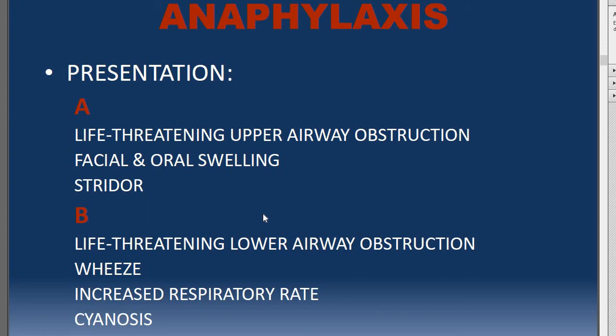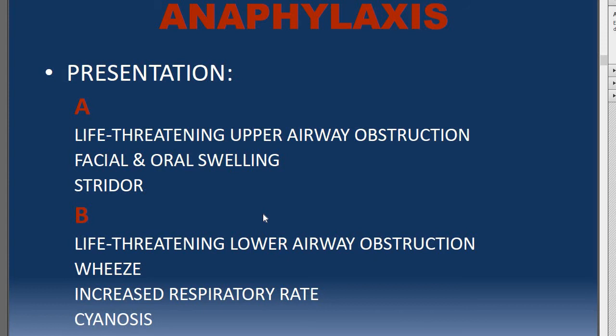In terms of B, there might be a life-threatening lower airway obstruction. Again, looking at last week's anatomy, we've got our big tubes at the top of our airway, up and around our mouth and in our throat, and then that breaks off into vast amounts of little branches and tiny air sacs, which constitutes our B section.